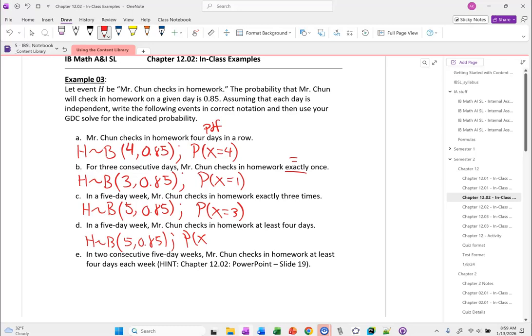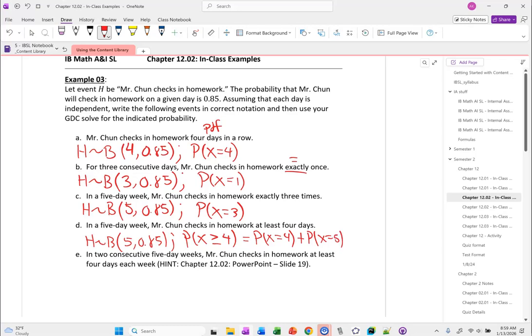At least 4. Greater than or equal to 4. Can I use my calculator to do this as it's currently written? No. Why not? The inequality must be either equals or less than or equal to, those are my only options. So you could write this as P of x equals 4 plus P of x equals 5.